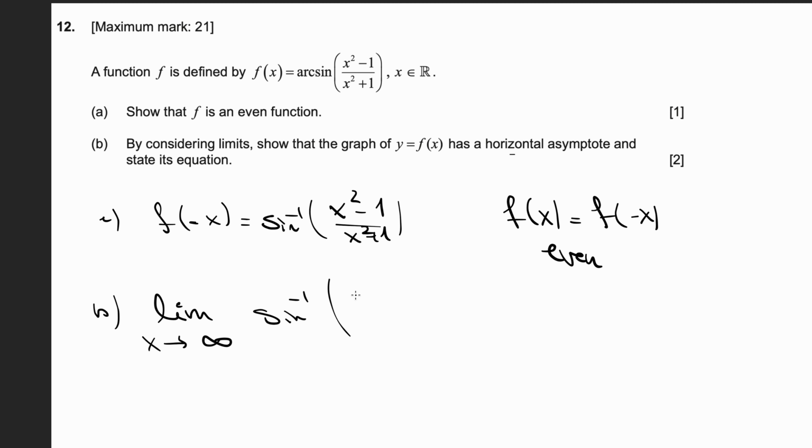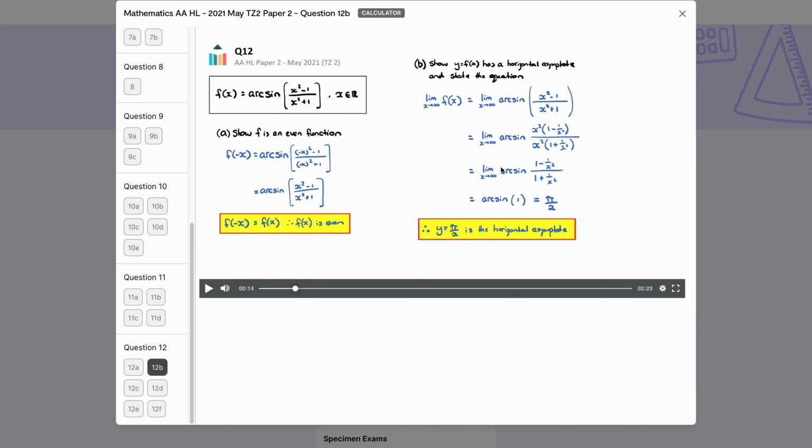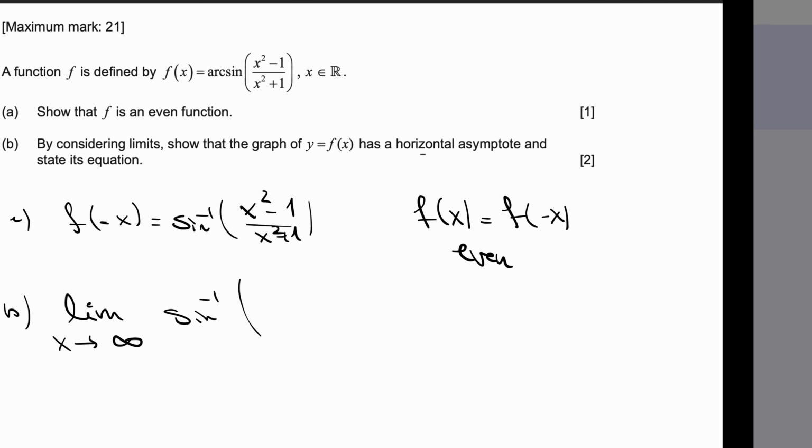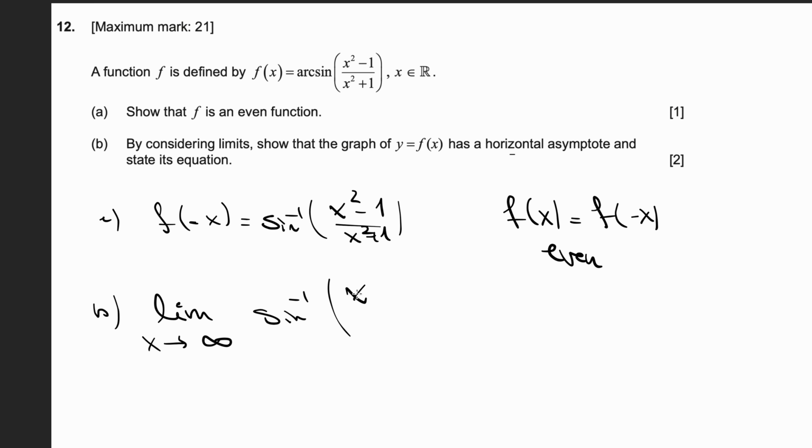So I'm going to factor out the x squared, similar to what Revision Village did here, right? So x squared times 1 minus 1 over x squared, then x squared times 1 plus 1 over x squared.